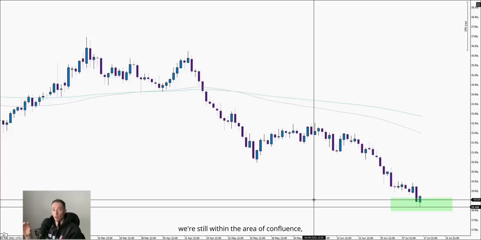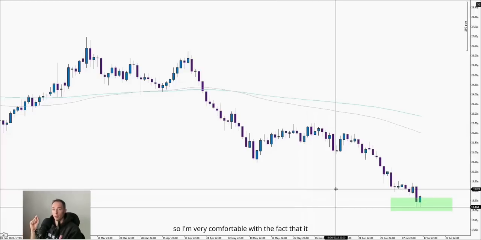We're still within the area of confluence. It's a monthly chart, so I'm very comfortable with the fact that it can take a few days working around the area. And probably because it just didn't reach on the Friday, because on Sunday it's closed, the market has closed on Friday, because it didn't reach on Friday for gold and it reached on silver.